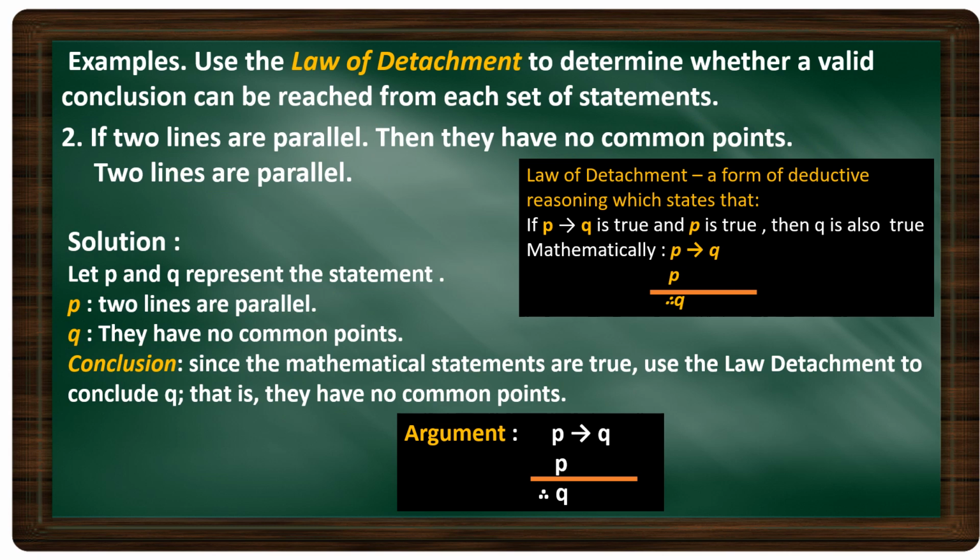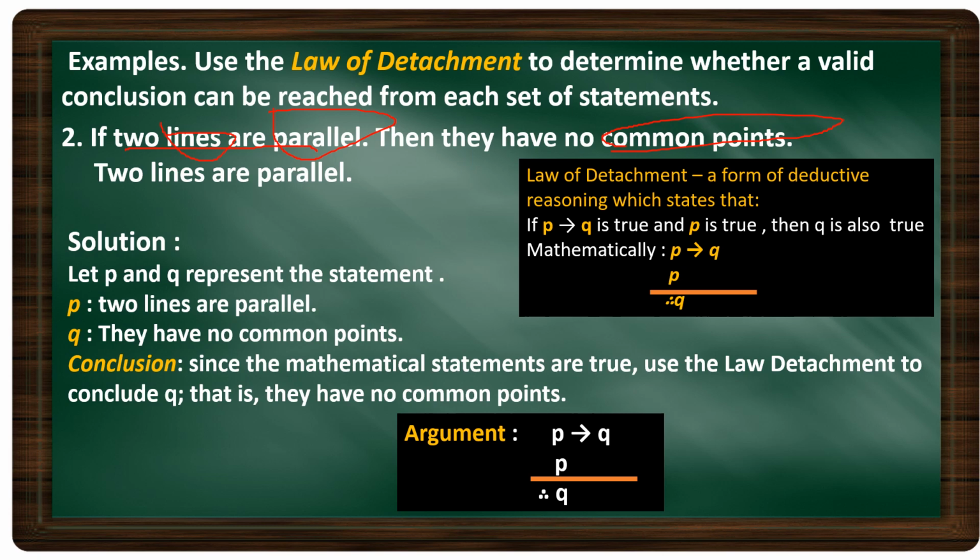Here, if we look at it, we have: if two lines are parallel, we have the word parallel. That is parallel lines. If two lines are parallel, then they have no common points. What do parallel lines look like? To give us an idea, when we say parallel lines, those are lines that do not intersect at all times.